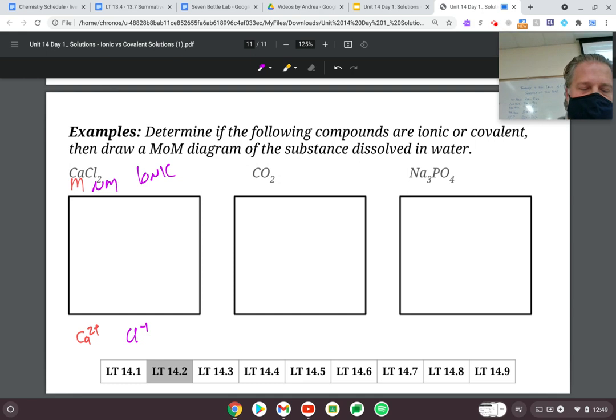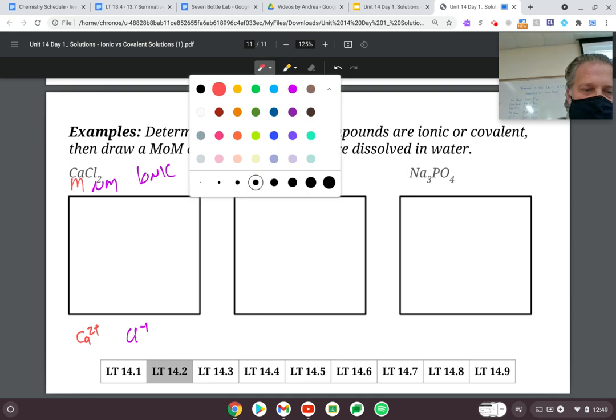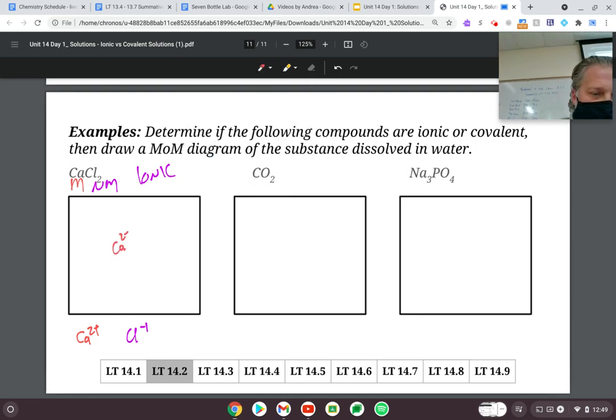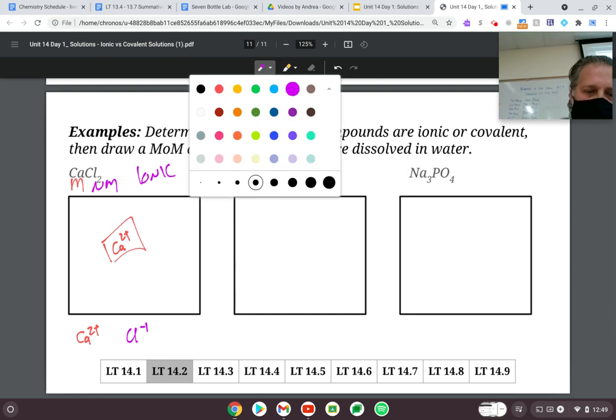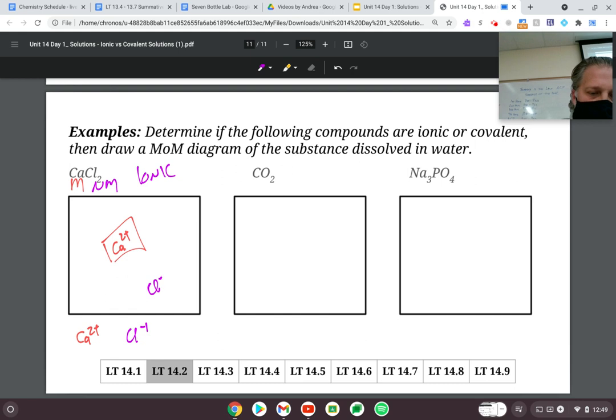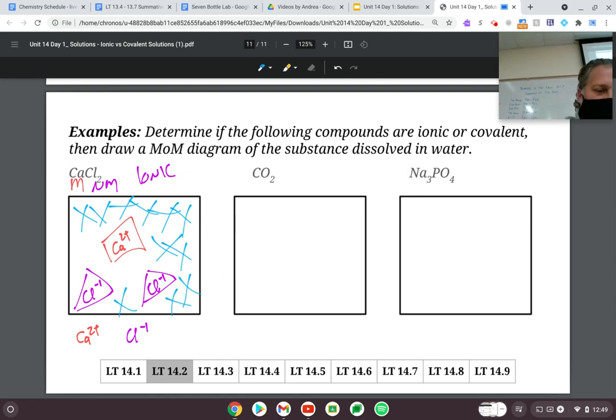So what that would look like would be something like this. And it would absolutely be dissolved, separated, surrounded by the water.